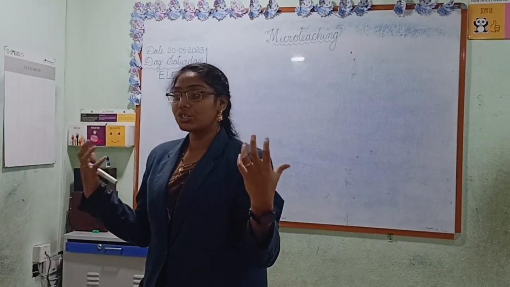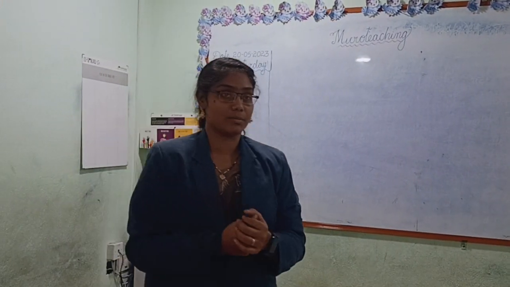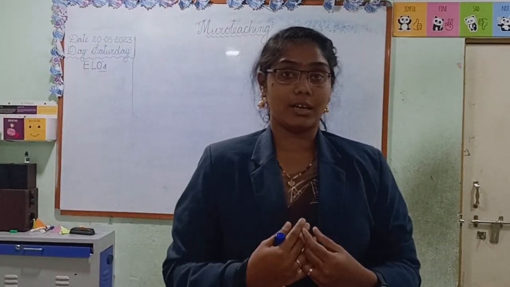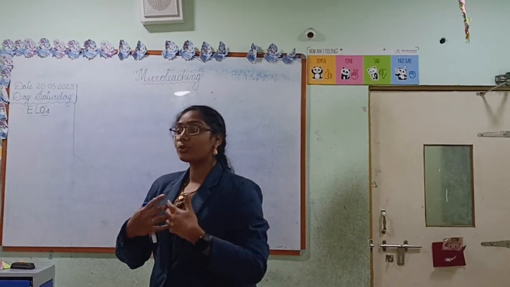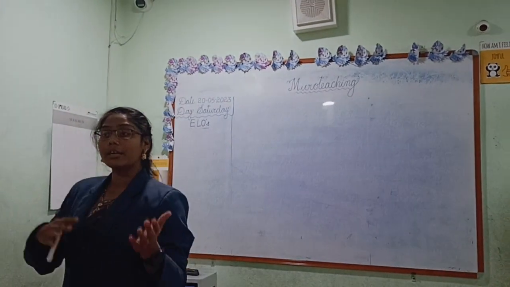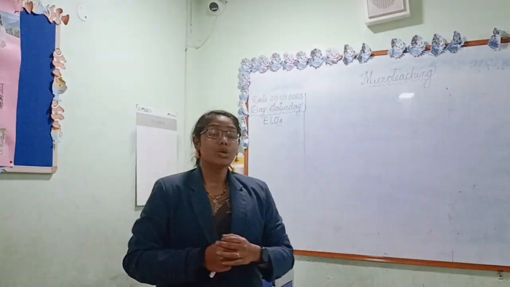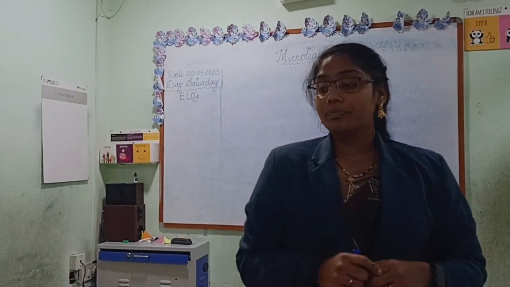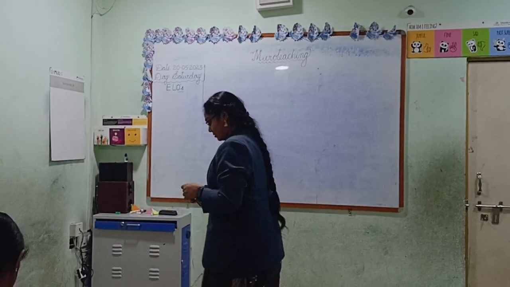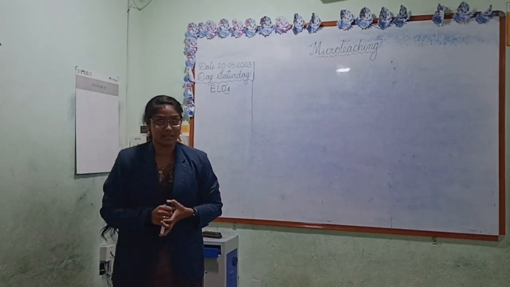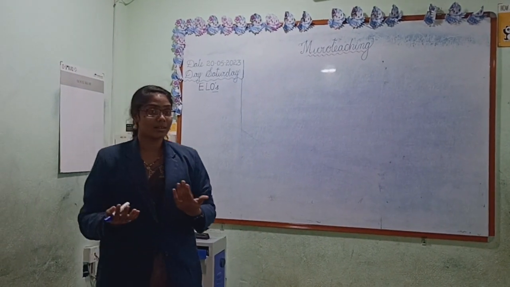Why do we need such a variety of food items? To get different nutrients. Yes, to get nutrients from the food for our day-to-day activities. So where are we getting all these food items? From plants, from crops.